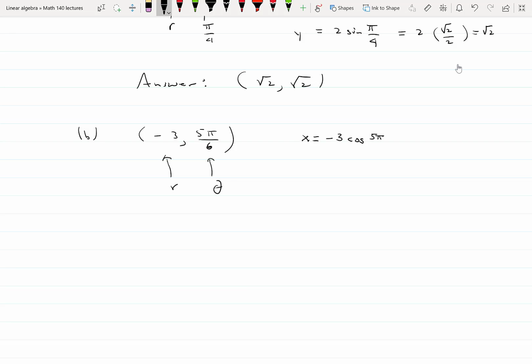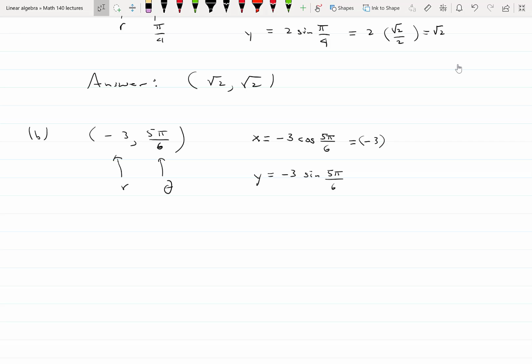So r equals -3, so x equals -3 cosine 5 pi over 6. And y equals -3 times the sine of 5 pi over 6. All right, so let's keep going with this. These are old friends, if you will, these angles.